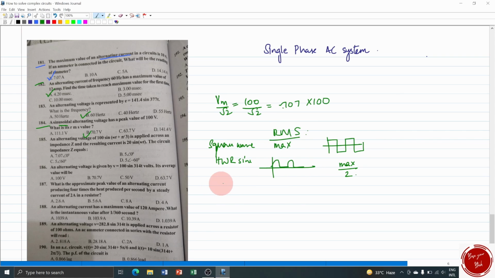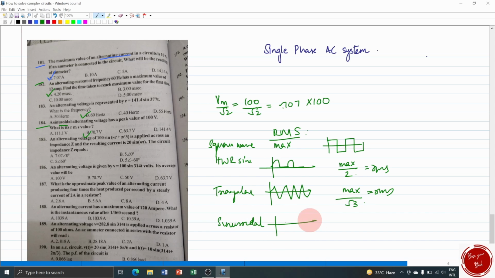And again, if it is a triangular wave, like this, then RMS value is maximum divided by root 3. And if it is a sinusoidal wave like this, then the RMS value is maximum divided by root 2.